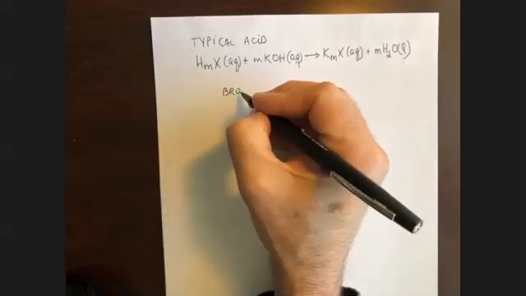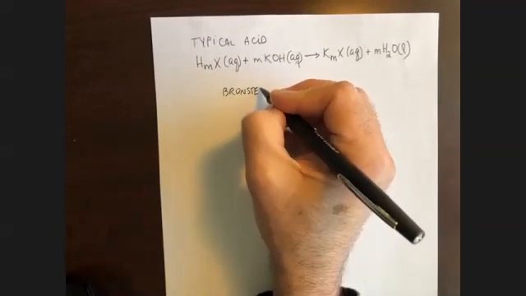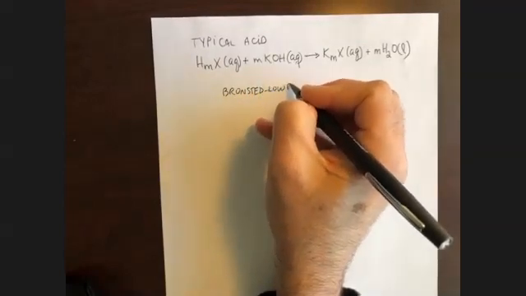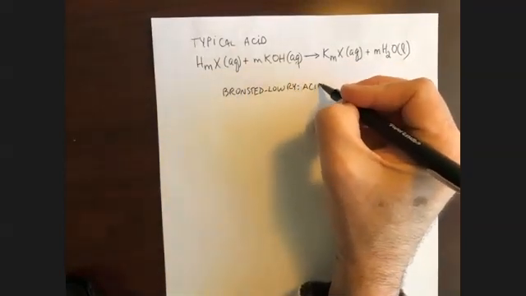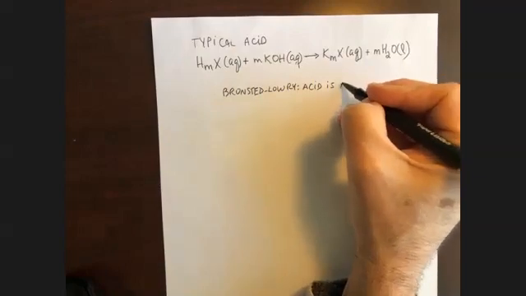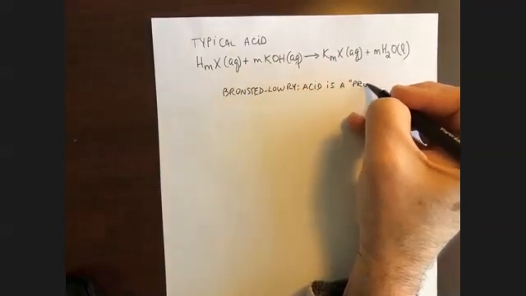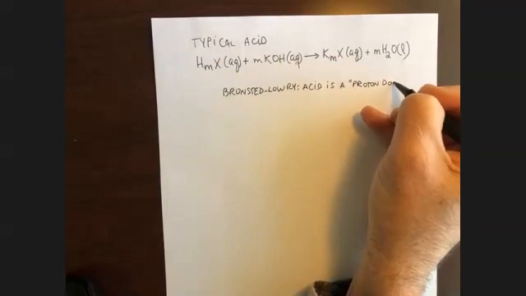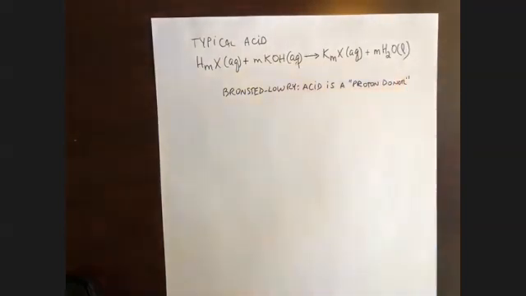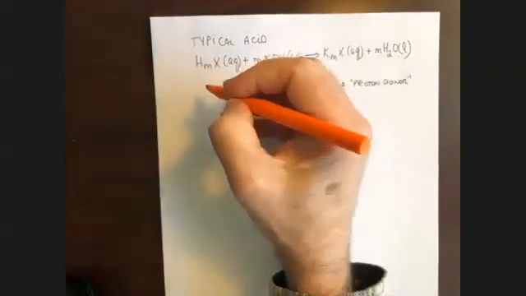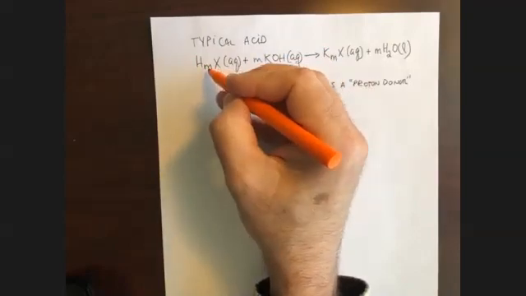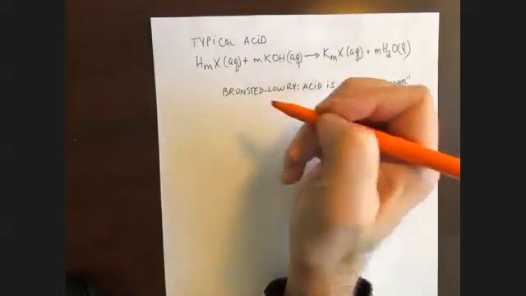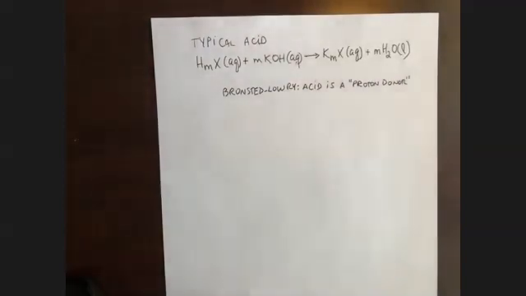Bronsted-Lowry definition of what an acid is, we said that an acid is a proton donor. In this case, what we're saying is that this particular acid is capable of donating M units of hydrogen or hydrogen ions, right?